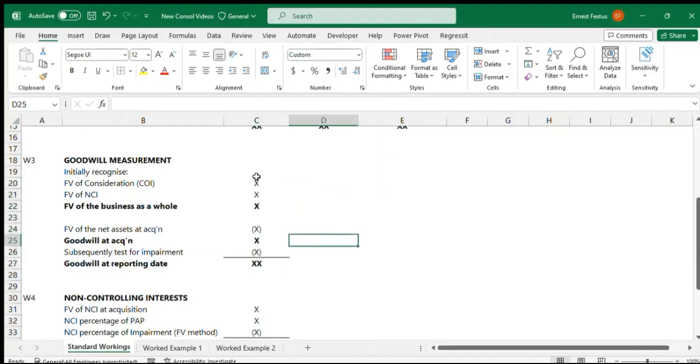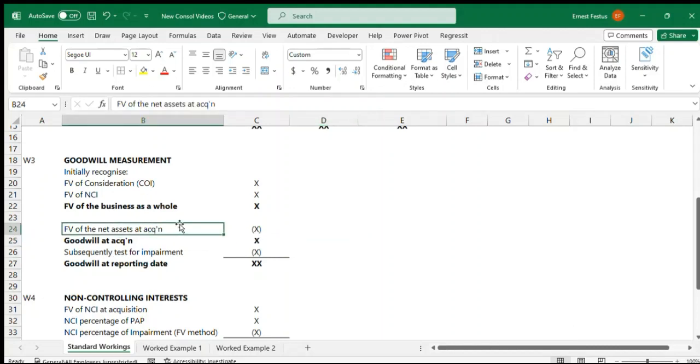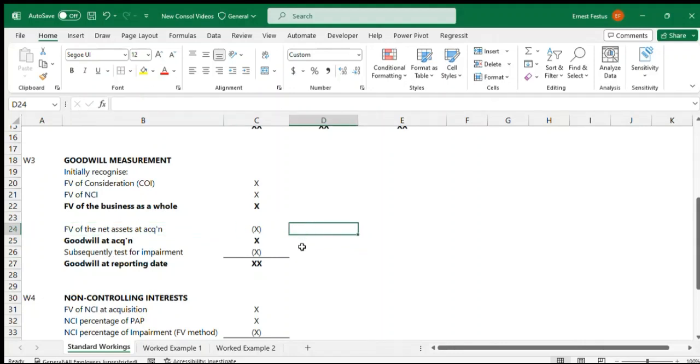So goodwill is the aggregate of the fair value of any consideration transferred and the fair value of the non-controlling interest in an acquiree, less the fair value of the identifiable net assets of the acquiree. So that is what goodwill is.